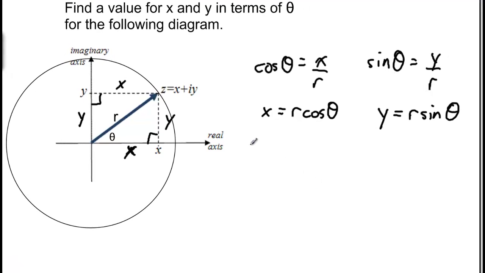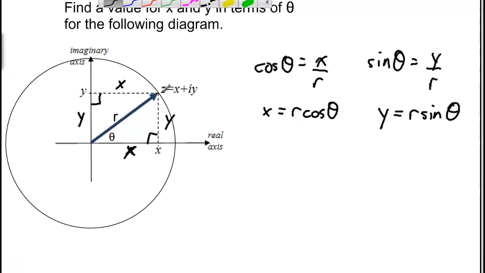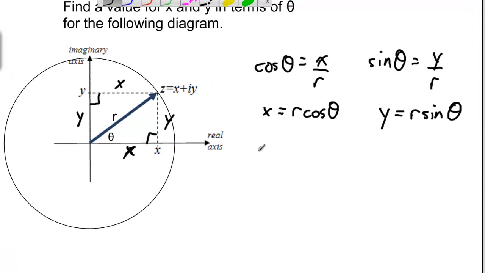Now the next thing we want to do is write z in terms of these values. The one thing I want to do before I start that is look at r. In terms of this complex number z equals x plus iy, r is just the modulus of z, or the magnitude of the vector that's represented there.